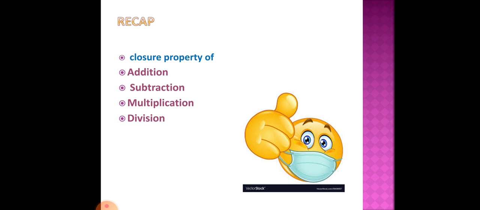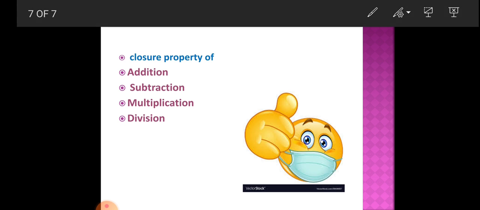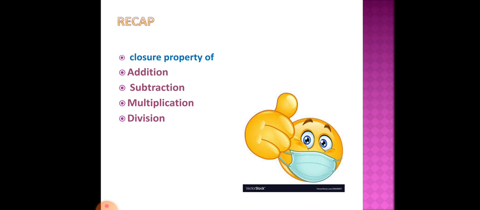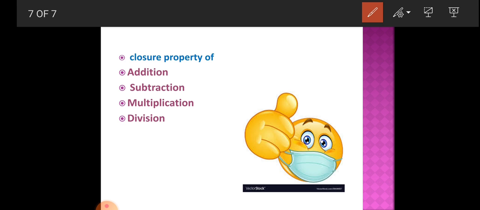So students, what did we learn today? Closure property of addition, subtraction, multiplication and division. In addition, if A and B are whole numbers, then the answer is also a whole number.